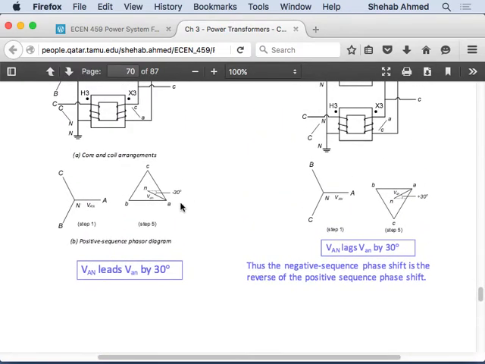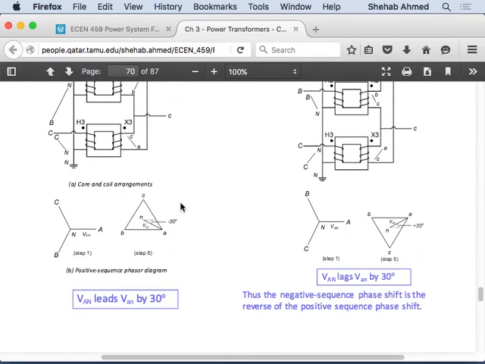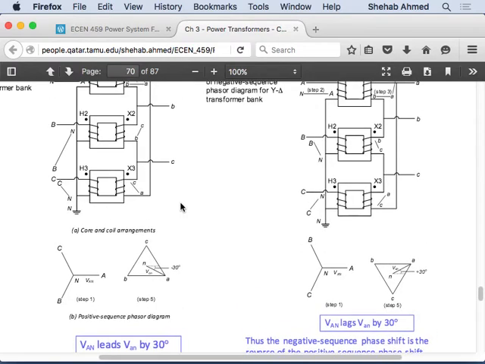So now we looked at phase shifts, right? But turns ratio also plays a role, right? So here we looked at phase shifts, and we said that if I properly choose the ratio of the bases equal to the ratio of the terminal voltage, then the transformer in per unit will look like a 1 to e to the j 30, or 1 to e to the j minus 30, or e to the j minus whatever angle, or plus whatever angle, depending on the phase shift of the transformer that you've created.